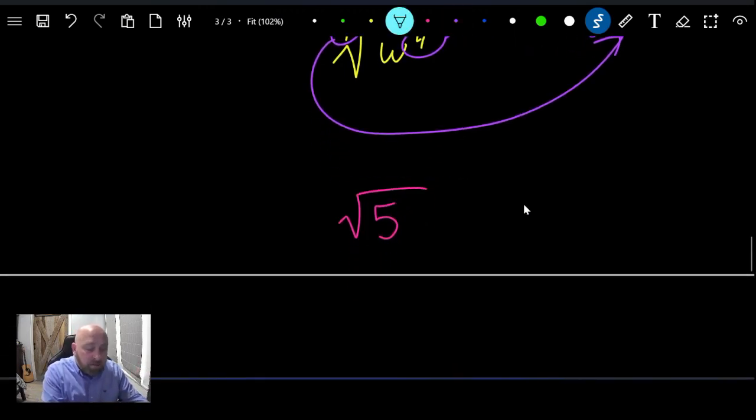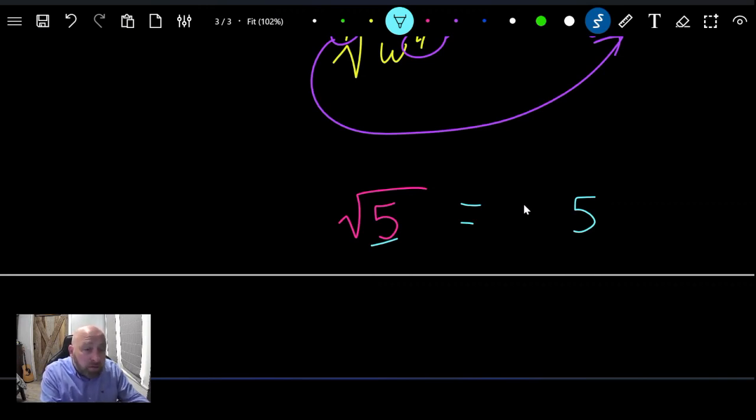All right, here's an interesting one. So we have the square root of 5, and we want to turn that into a fractional exponent. So we take the number 5, that's our base. We take the exponent. You say there is none, so I'm not going to write one. Wrong. You say, but there's no index either, so I'm not going to write one. Wrong. Okay? There is an exponent. What's the exponent?